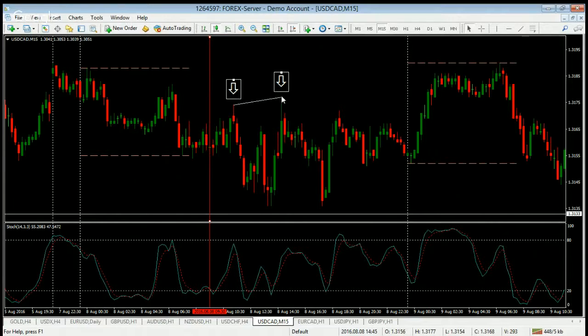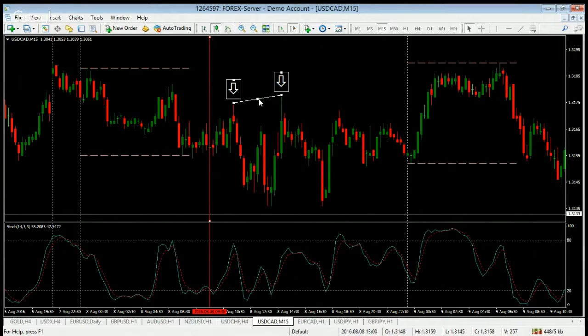You can see the price was making a higher high. The thing about divergence is just looking for places where the indicator didn't meet price or price didn't meet the indicator, a break in correlation between the indicator and price.